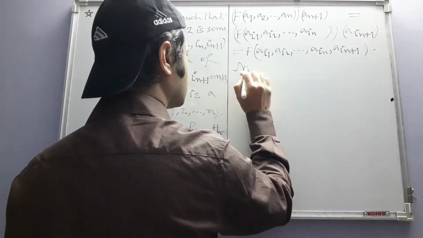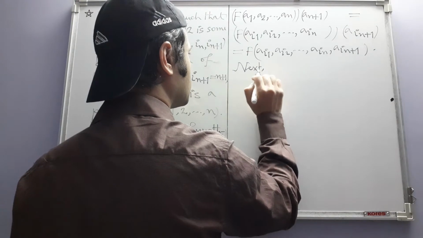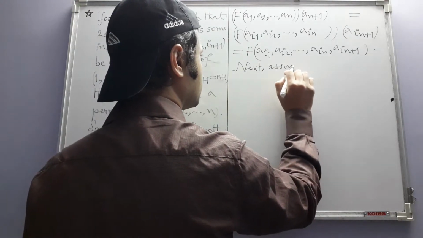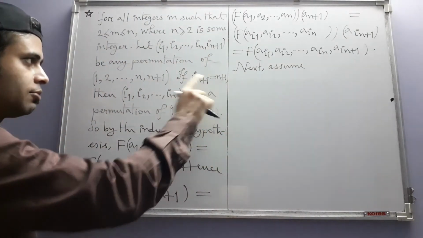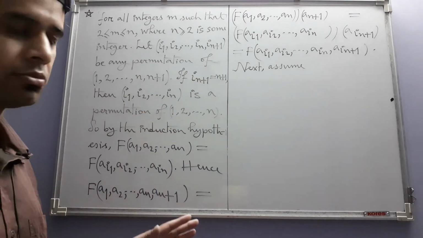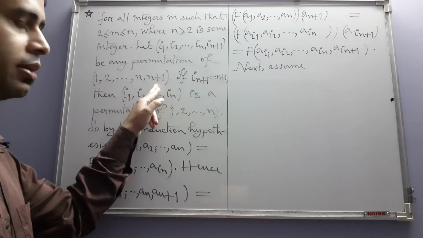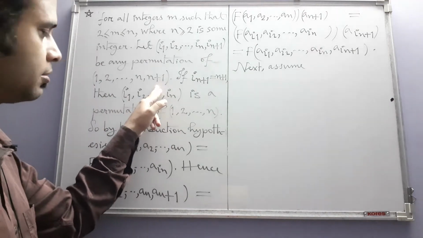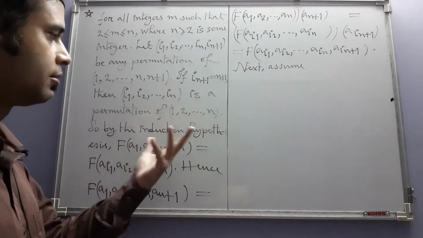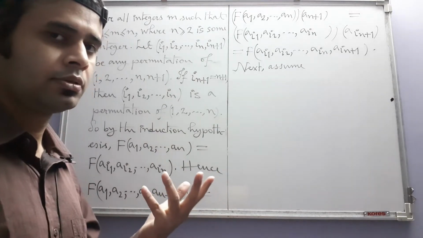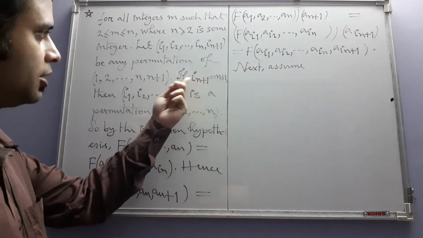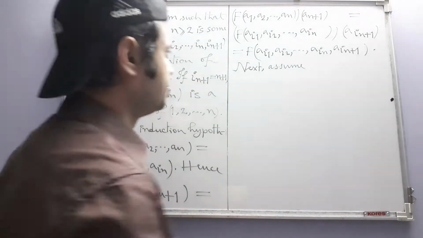Next, assume that i_{n+1} is not equal to n+1. But since i_{n+1} is something from here only, because we are talking about a permutation, it has to be less than n+1.